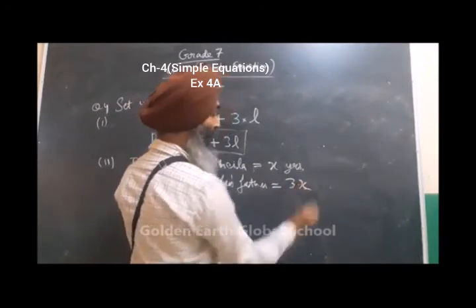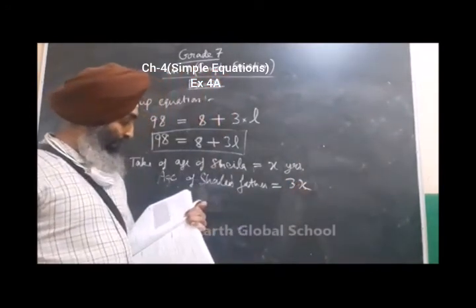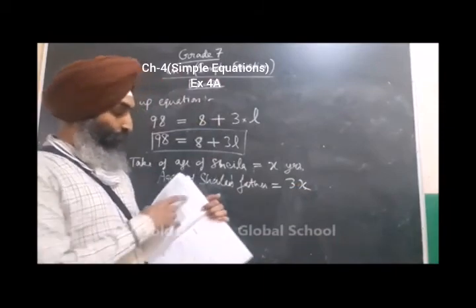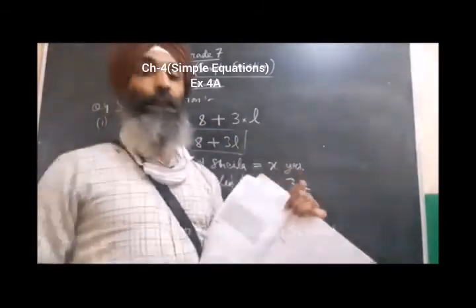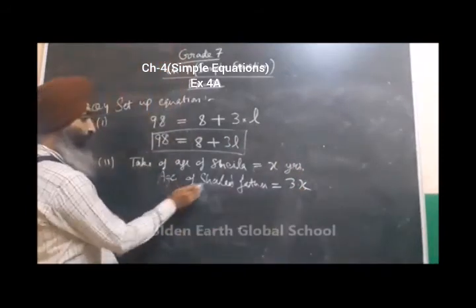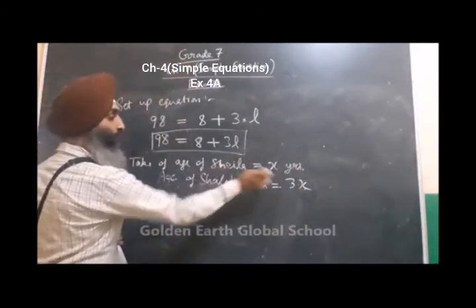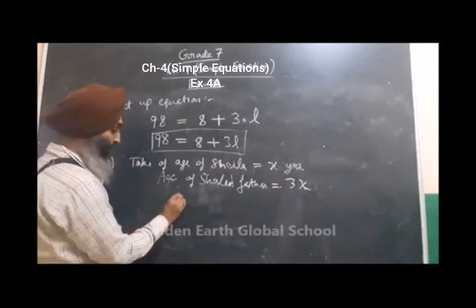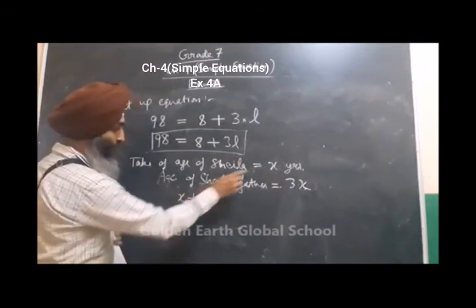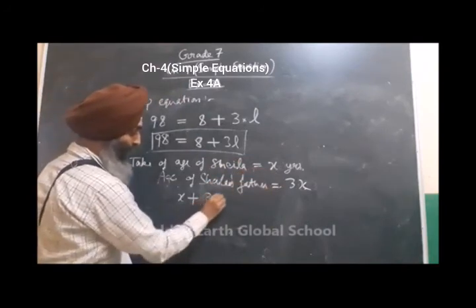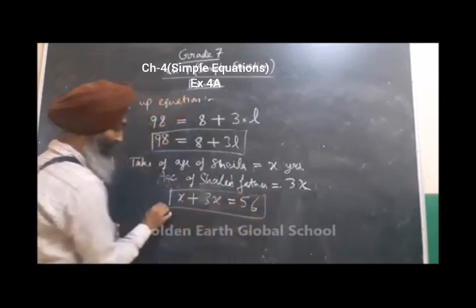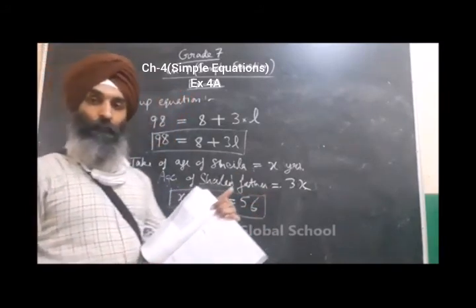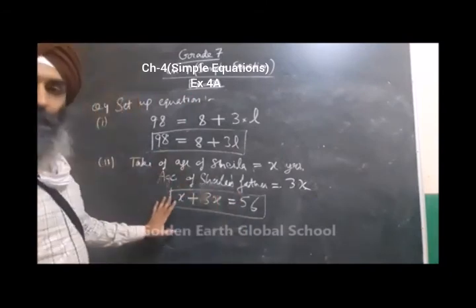And it is also given in the next statement that the sum of their ages is 56. Sum means plus, so the sum of their ages is x plus 3x is equal to 56. So this is the required equation.